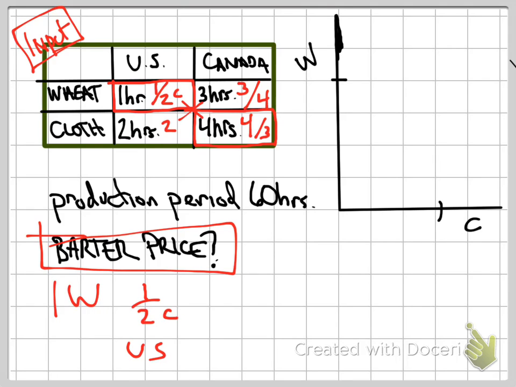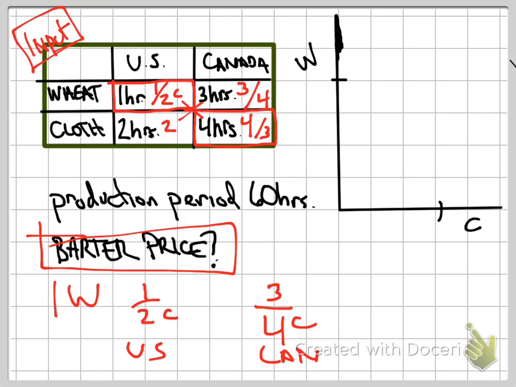That is the U.S. For Canada, they're looking at it and saying, well, if we're going to get wheat, we don't want to give up more than 3/4 of a unit of cloth, because that's what it would cost us to produce on our own. So this is Canada over here.